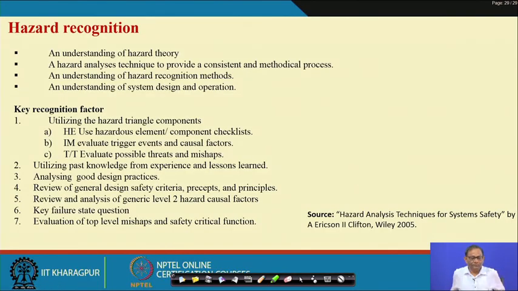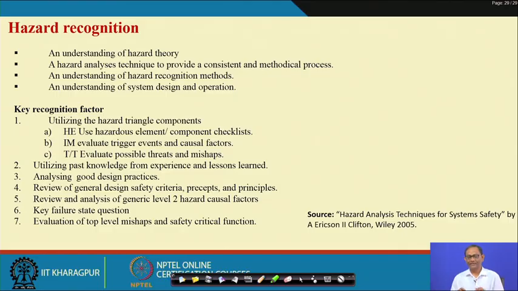Now, finally, I'll talk about hazard recognition. Before telling this, let me repeat what we have learned so far.